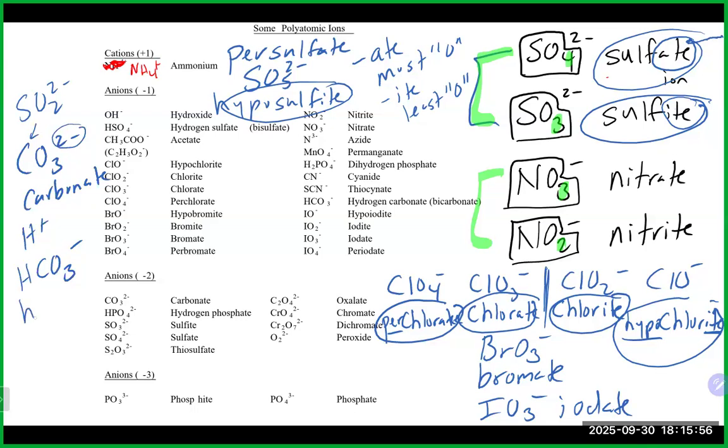So this is what is known as hydrogen carbonate. Now, hydrogen carbonate is still historically called bicarbonate. And sometimes people will use the bi instead of the hydrogen, and that's still used today. We also see that with sulfate and hydrogen sulfate as well. That is sometimes referred to as bisulfate.